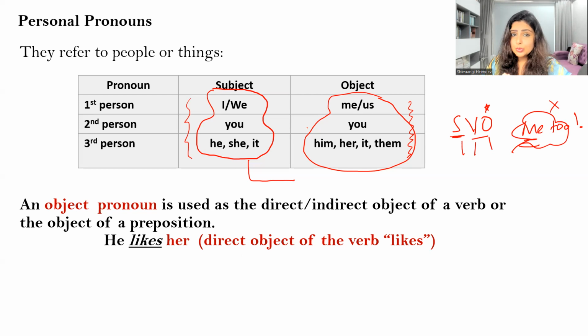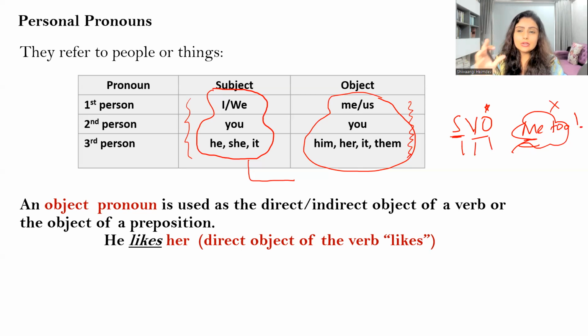Instead of I, we are using me. That's incorrect because me is an object pronoun, and I cannot make use of me as a subject in the sentence. I should always use me only as an object, not as a subject. So "me too" is pure slang and an absolute deviation from the standard English structure. Always make note of this.